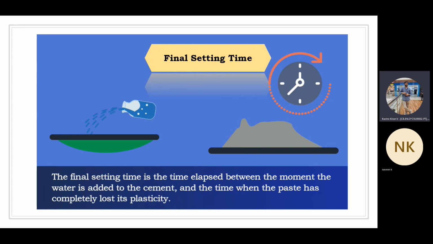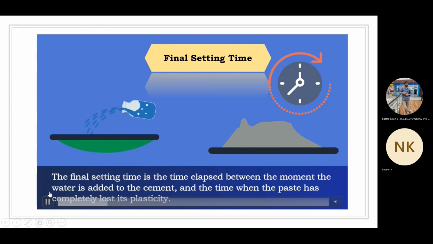But final setting time is the time where the cement will start setting. That means the cement will start getting hardened. That's called as losing its plasticity. Once the cement loses its plasticity, then the cement will get set. That is called as final setting time. So that's the difference between initial setting time and final setting time.